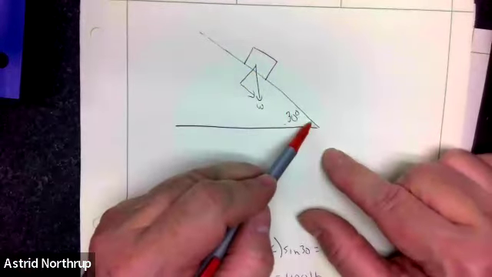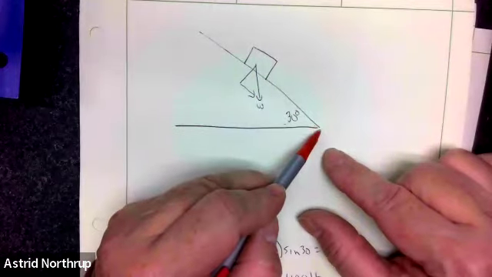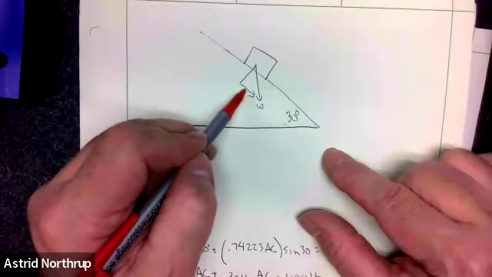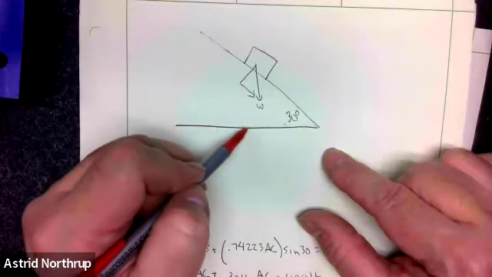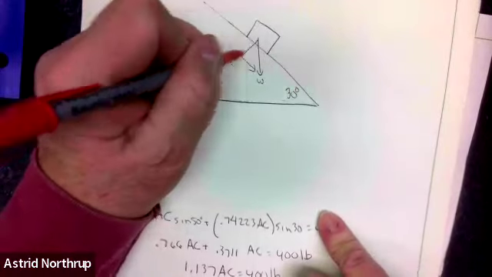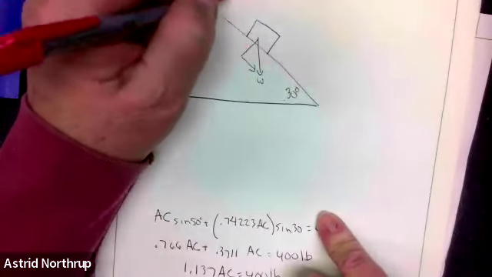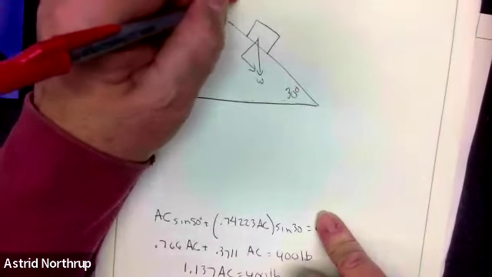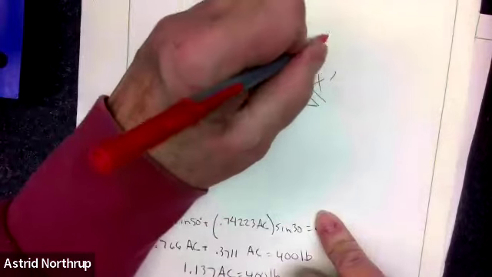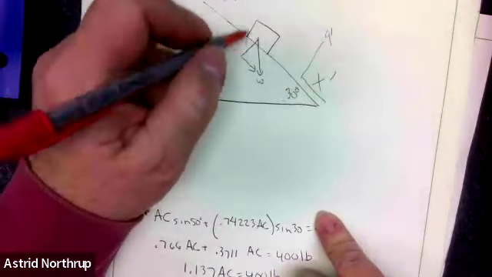Well, this is parallel to this, and this is not really parallel to anything. If you want to break that up into components, we call this x prime and y prime, along the incline.